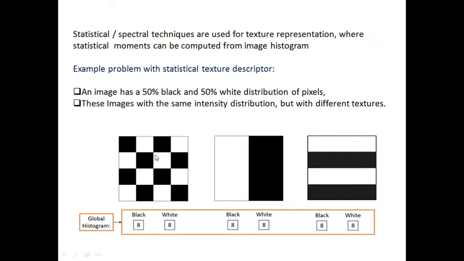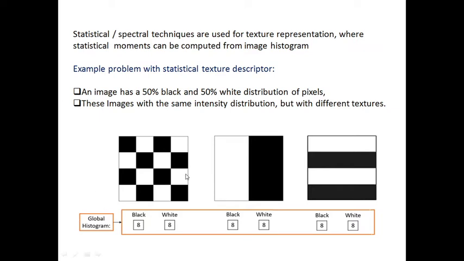Of course the three images have the same intensity distribution, but the textures are different, because one is black and white, one is half white and half black, and one is 1/4 white, 1/4 black, 1/4 white and black. So finally I am going to yield the same histogram for three different textures or images.